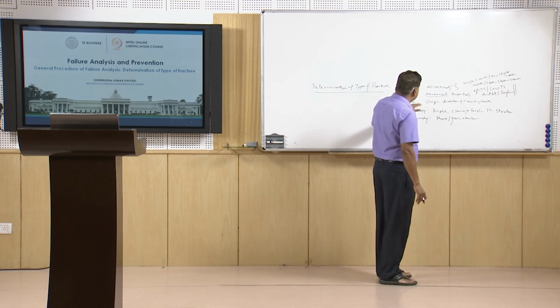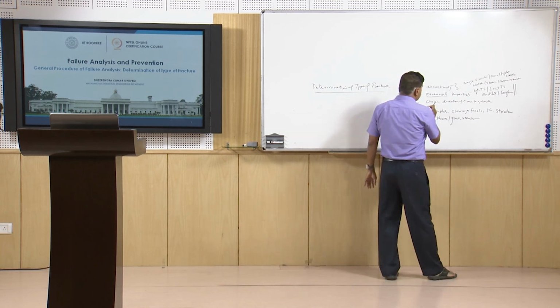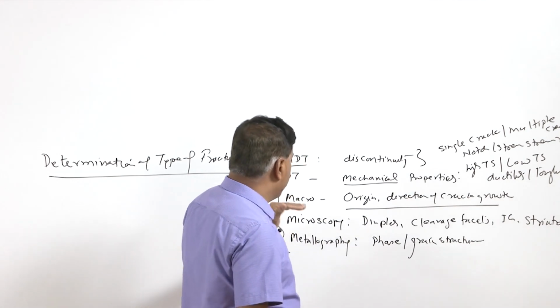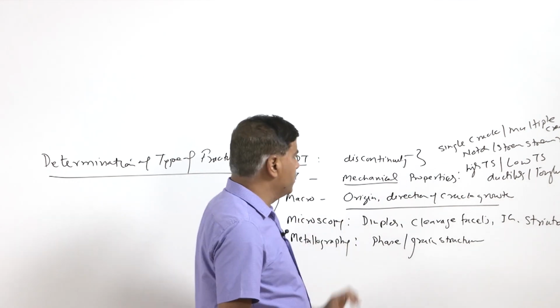Then the origin and the direction of the crack growth. So this is very important. We have to keep the macroscopy, microscopy and metallurgy also in mind.